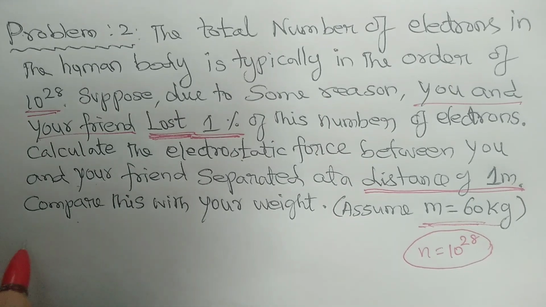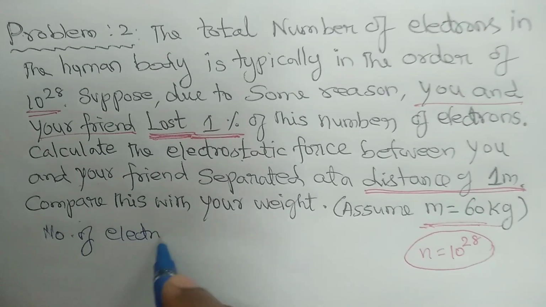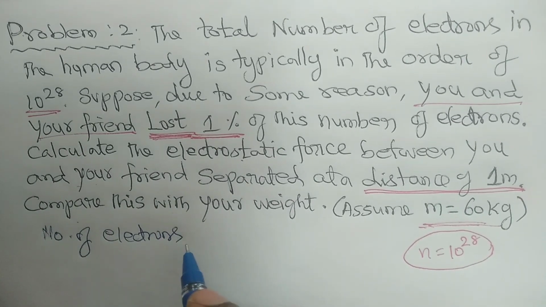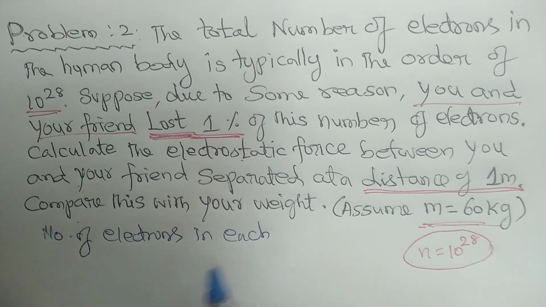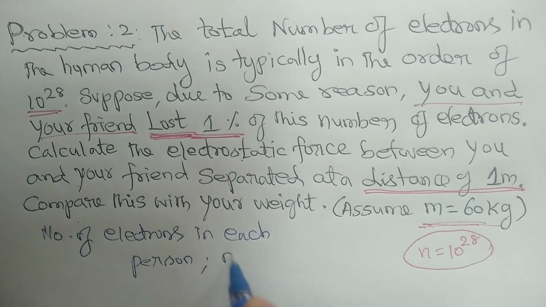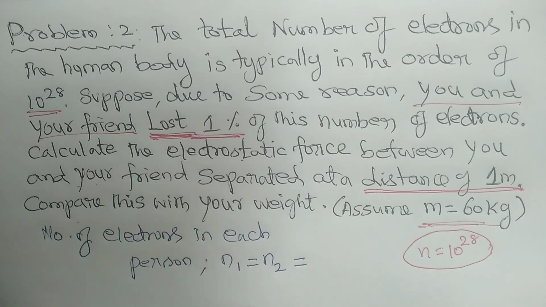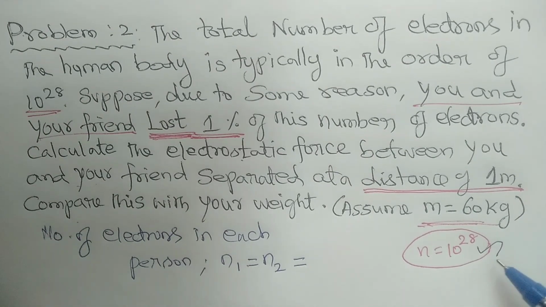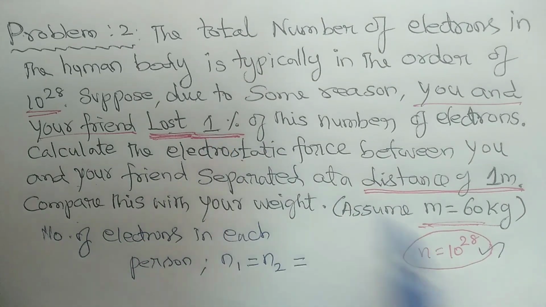So first we will write the number of electrons in each person, n1 equal to n2, which is equal to 10 power 28 electrons in the human body. Both of them lose 1% of this total number of electrons.